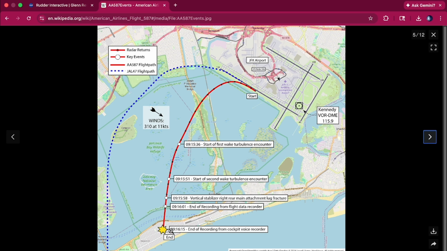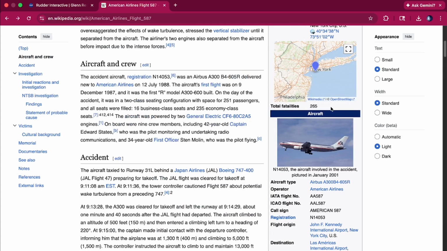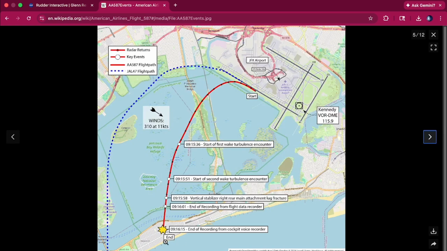When this happened, essentially the plane was at this direction. The flight path was supposed to go this direction. I think it was supposed to go to somewhere in the Caribbean. No, it was supposed to go to the Dominican Republic. This is where it went, according to the events that happened.